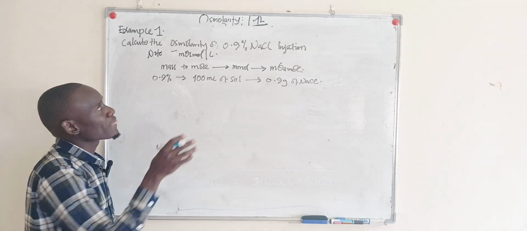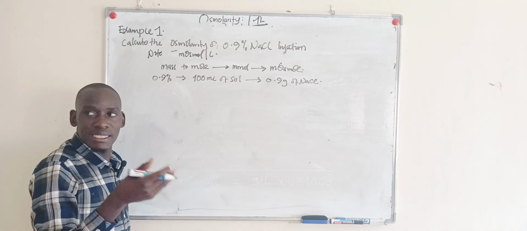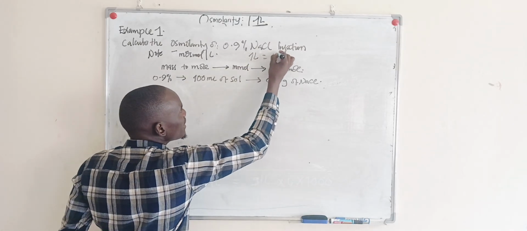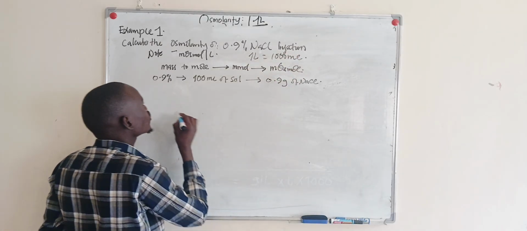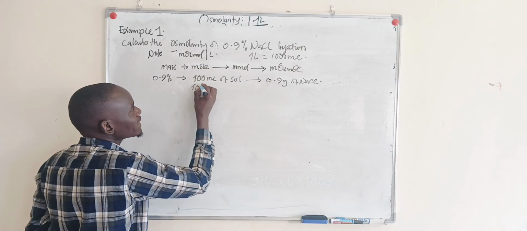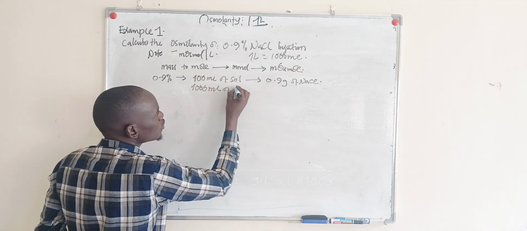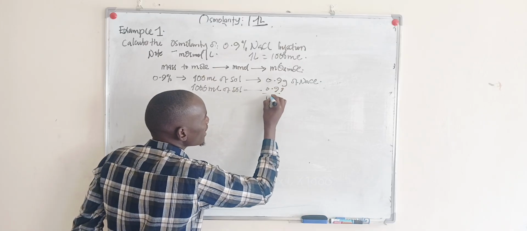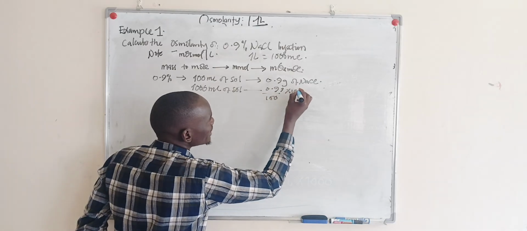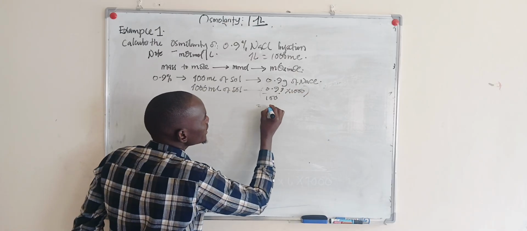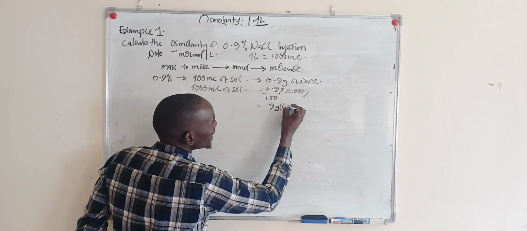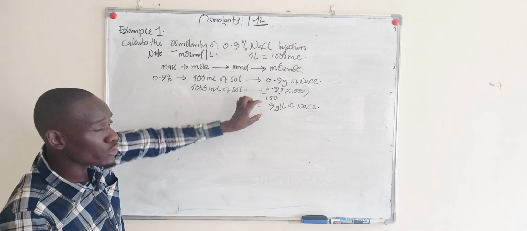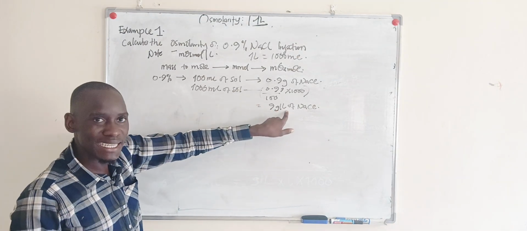But we are saying that osmolarity is calculated in liters, and whenever we say liter, we mean 1000 mils. So how about the 1000 mils of solution? It will contain 0.9 grams over 100 times 1000, and when we compute this, we shall get 9 grams per liter of sodium chloride. So we have gotten the amount of sodium chloride in 1 liter.